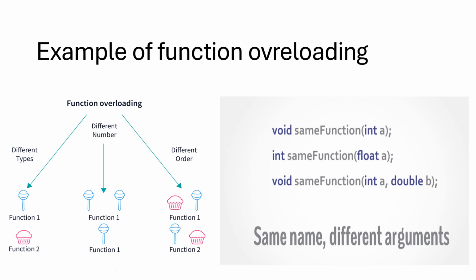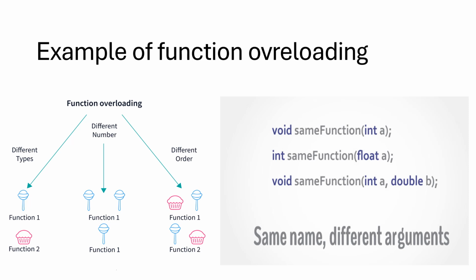Void means the function does not return a value. The function name is the same in all of them, and inside, the parameters are different, of different types and different numbers.